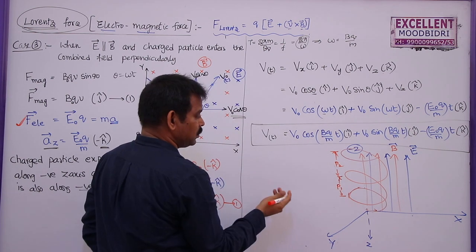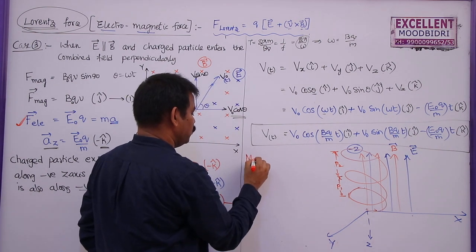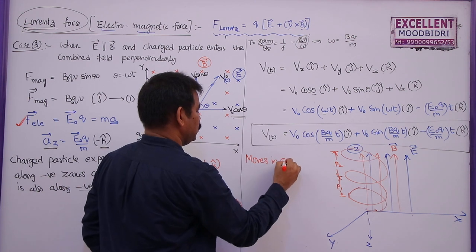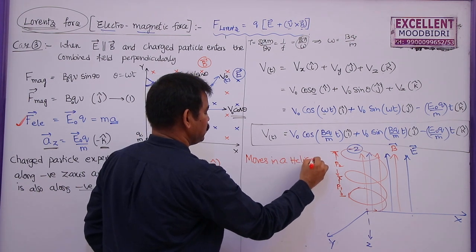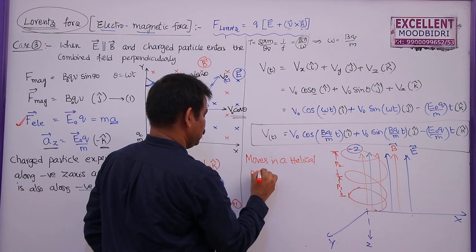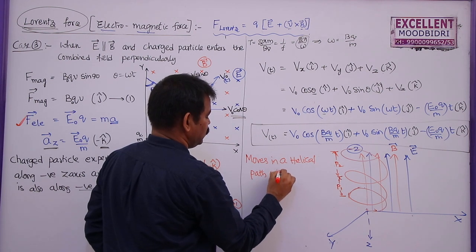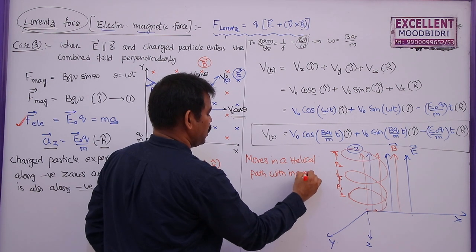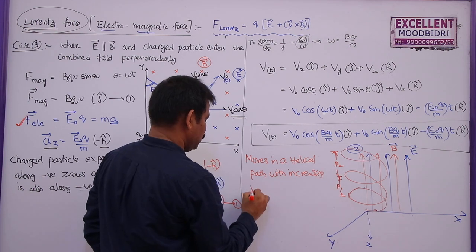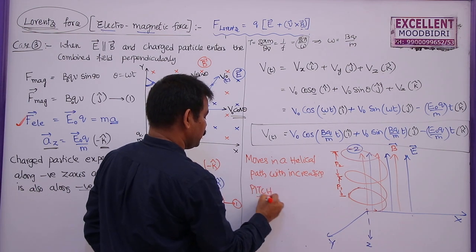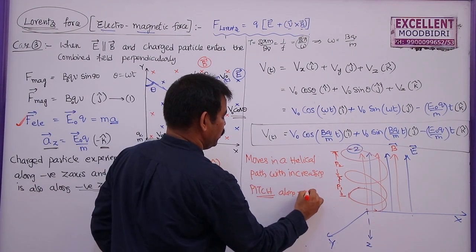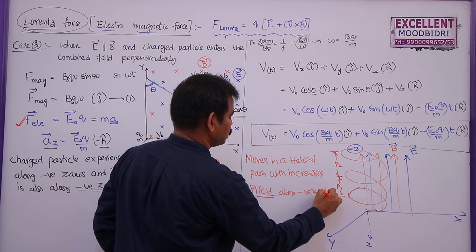So the charged particle moves in a helical path with increasing pitch along the negative z axis.